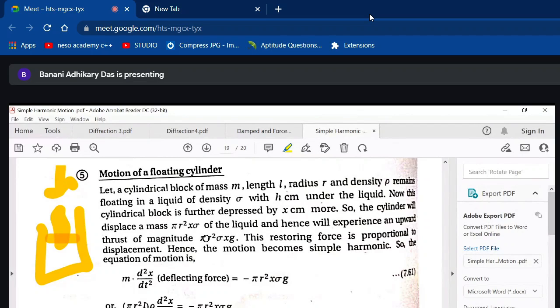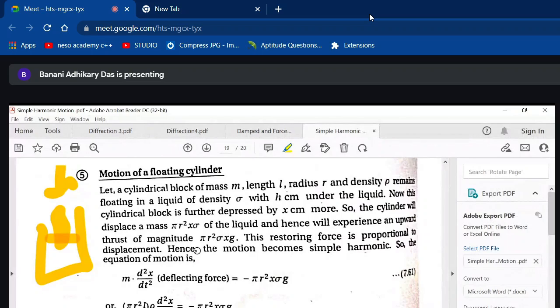According to Archimedes principle, this is the upthrust that is experienced by the cylinder. So if you push it inside by a certain distance x, then a mass of liquid is displaced.